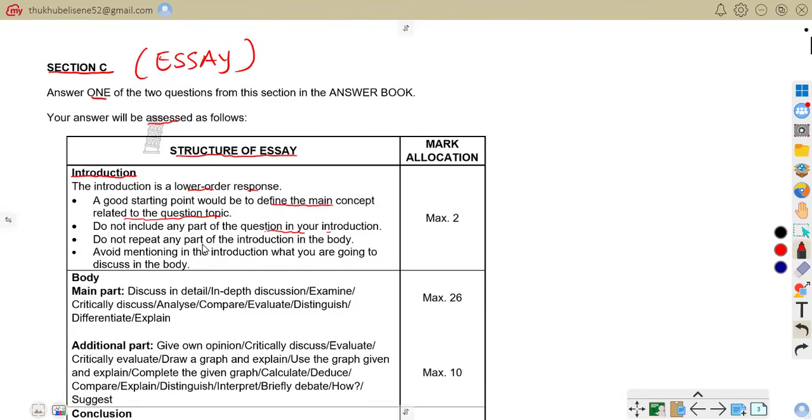Do not repeat any part of the introduction in the body. What you have said in the introduction, make sure that you don't repeat it in the body. Avoid mentioning in the introduction what you are going to discuss in the body.